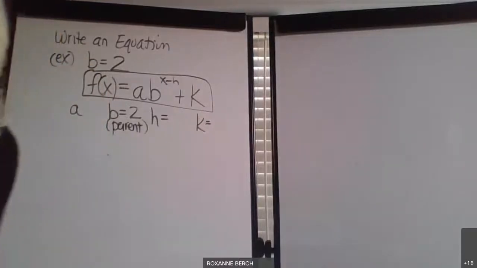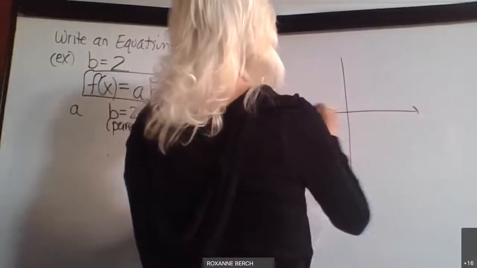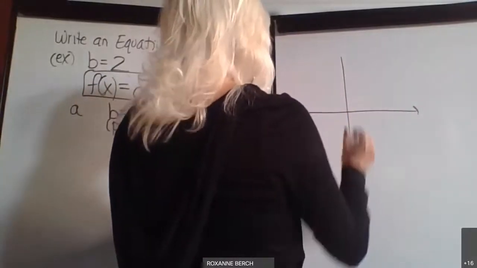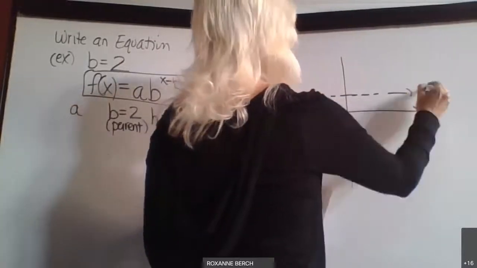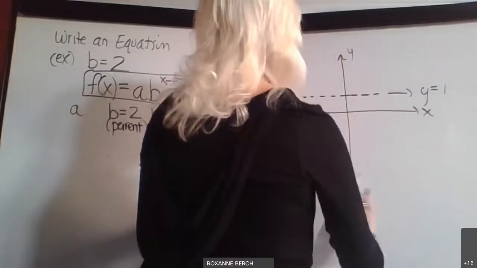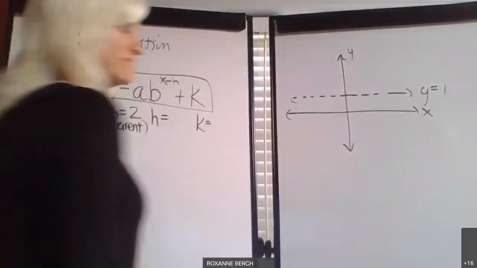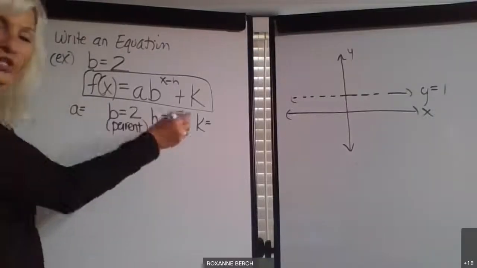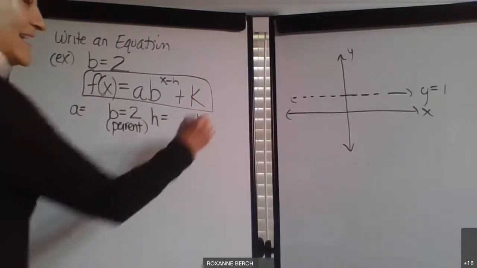All right, let me draw the graph. So in this graph, you have a horizontal asymptote at y equals 1. What does that tell you? Does that tell you about a, h, or k? It tells you k is 1. That's correct. So we know k is 1 by the asymptote.